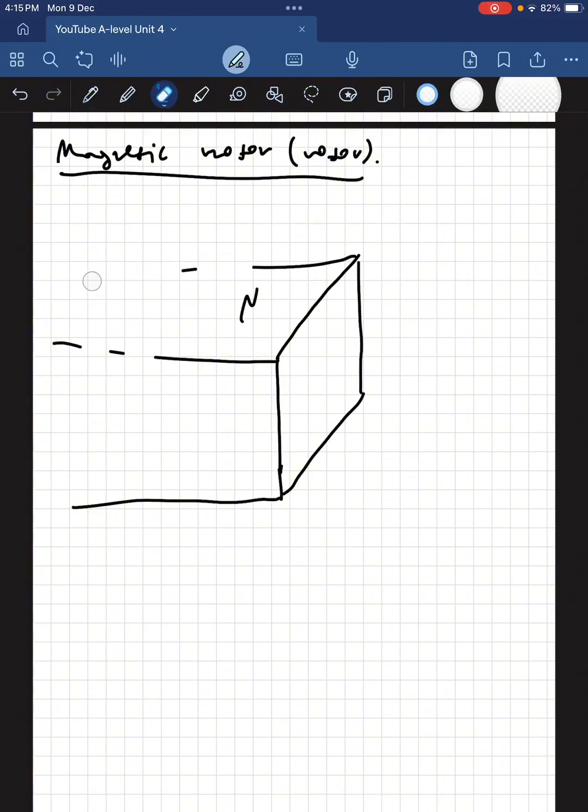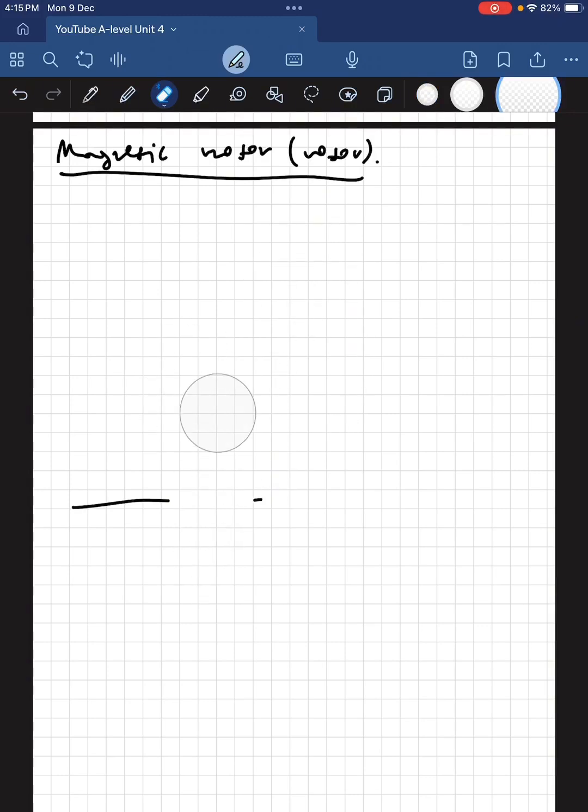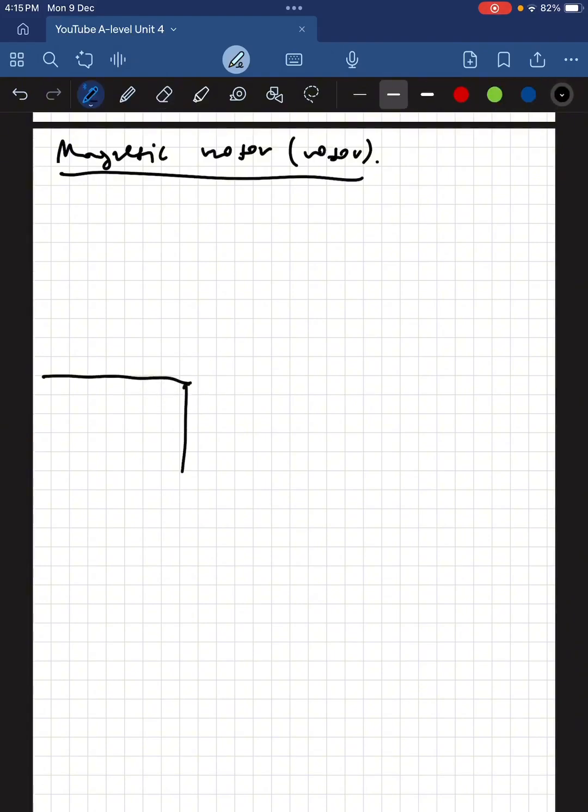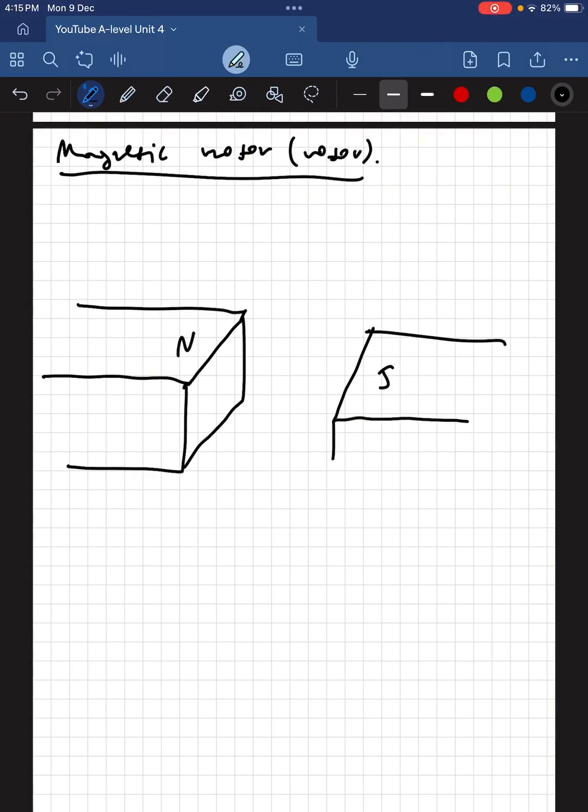Actually, this is huge. This is the North Pole, and this is the South Pole. Okay, and this is the magnetic field in between.